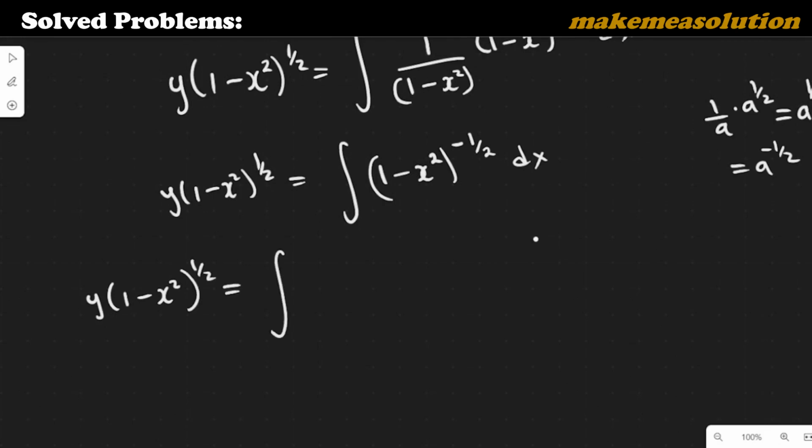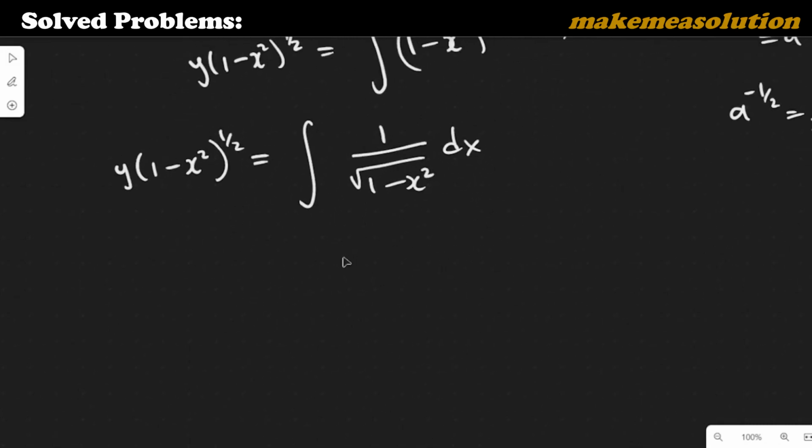When you apply the law of indices, a raised to the power of minus half is 1 over root a. So we will have 1 all over root of 1 minus x squared dx on this side. If you go further to simplify, you get y into 1 minus x squared raised to the power of half is equal to, so this is a standard integral and corresponds to sine inverse of x, plus c.